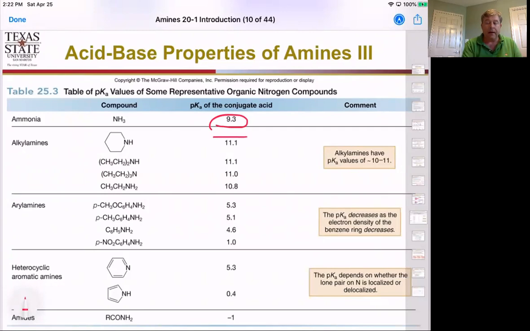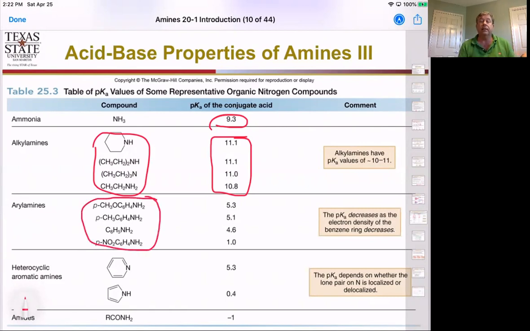And the aliphatic components right here that have electron donating groups like the carbon here are more basic than ammonia by itself, okay? If we look at the aromatized ones where we can delocalize those electrons in the aromatic ring by donation, we actually see a decrease in the basicity down from that 10 number to the 5 number here.